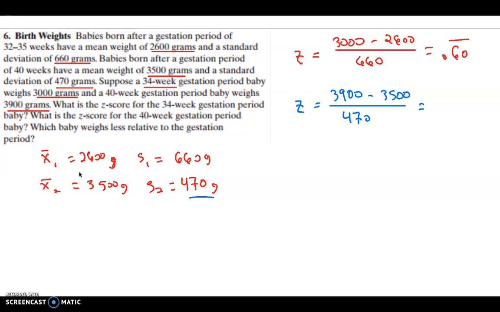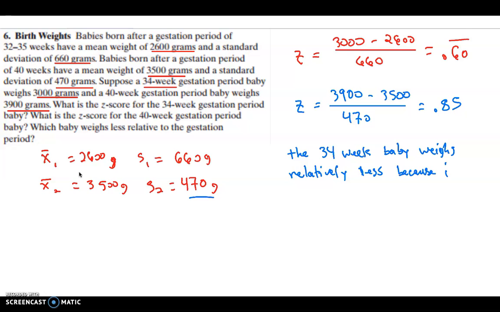So here I get a z-score of 0.85. Now we have the z-scores, and which baby weighs relatively less? In this case, the 34-week baby weighs relatively less because it has a smaller z-score.